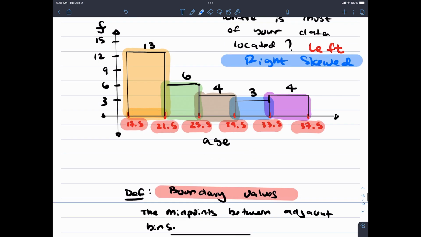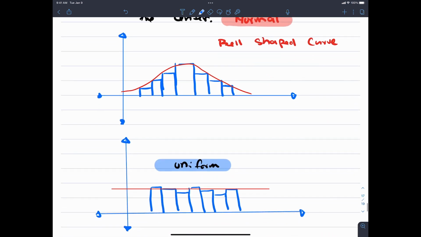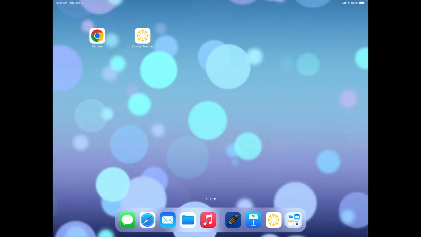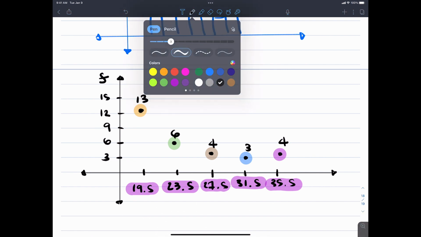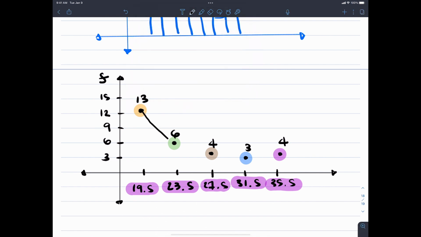Polygon. So make sure now with all the points, draw your lines. Right? Straight lines. First straight line, straight line, straight line, straight line. Now draw these down to the axis.